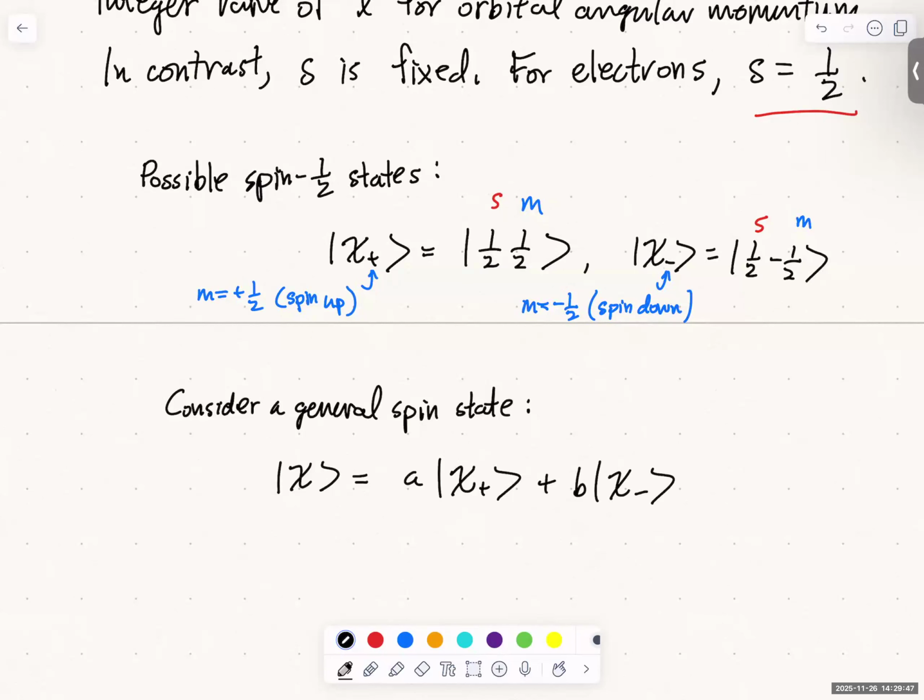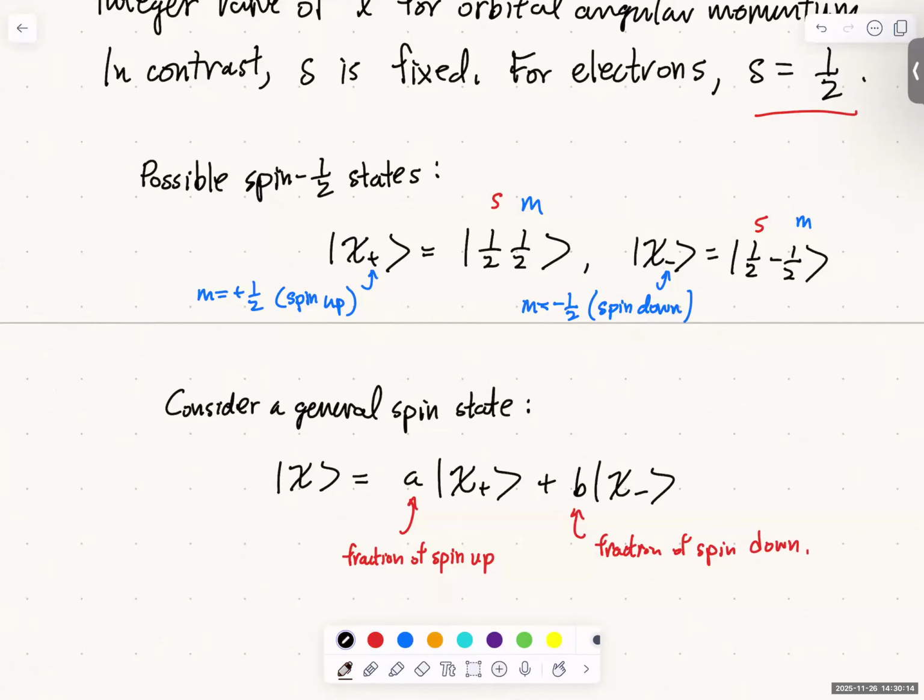Okay, and so A is the coefficient that tells us, if you like, the fraction of spin up in loose language, and this would be like the fraction spin down.